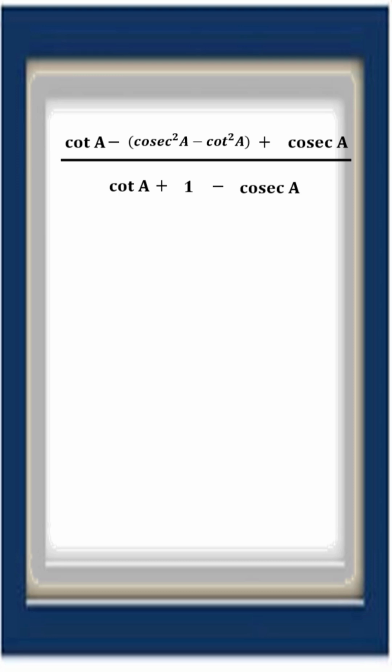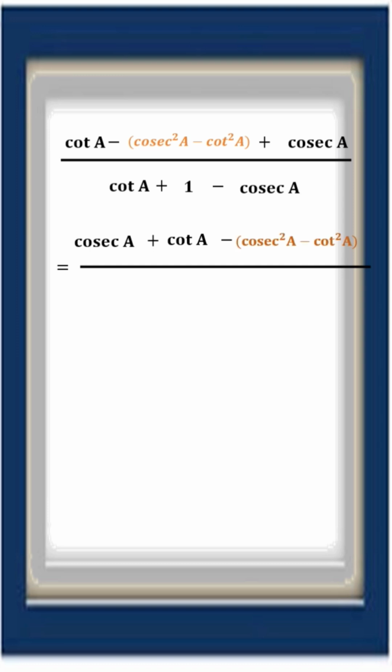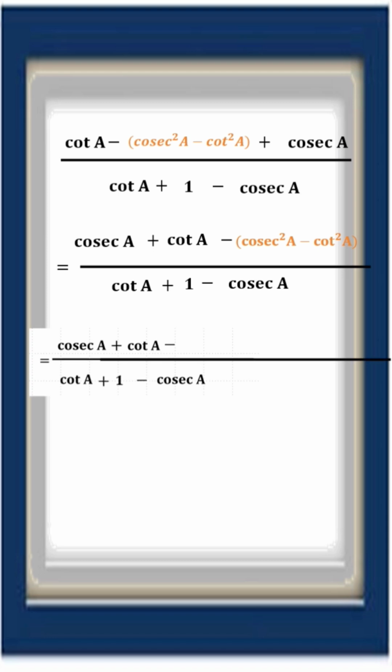Now let us rearrange the terms of the numerator. First let us write cosecant A plus cot A, then minus, in the bracket, cosecant square A minus cot square A. Let the terms in the denominator be the same.